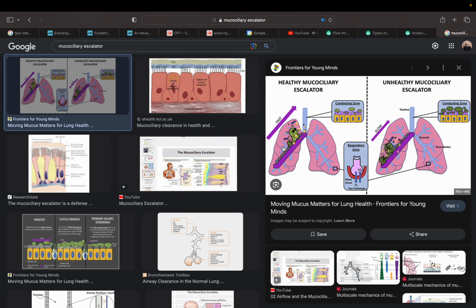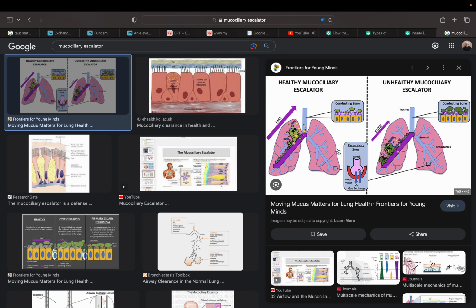We can see that the mucus can come up very easily and rapidly, but an unhealthy mucociliary escalator takes longer, and it's like walking on stairs compared to an escalator. That's a good reference, actually, since we have an escalator.